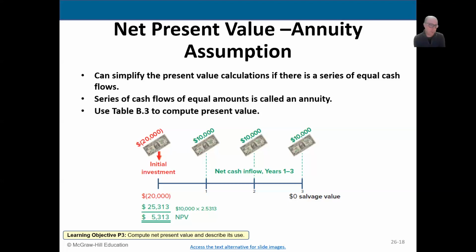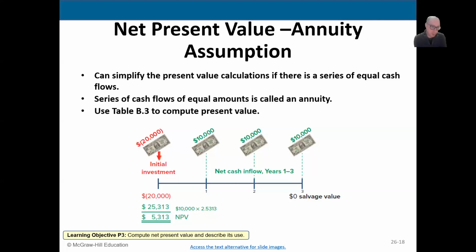We call those annuities. There's a way to figure out how much you need to invest today in order to generate a certain amount of money in the future for every annuity payment. You do that through what we call net present value using annuities.